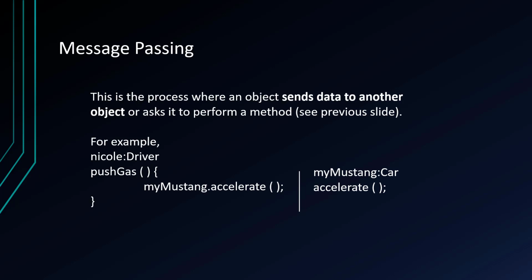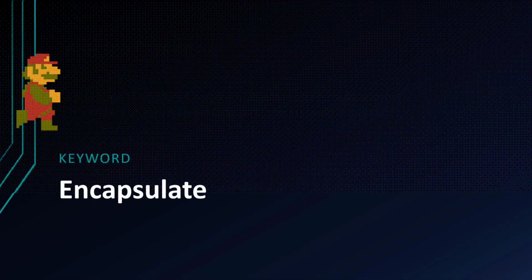So all I would need to do is, once that happens, myMustang.accelerate sends a message to my Mustang, the car, and causes it to accelerate. That's the concept of message passing.